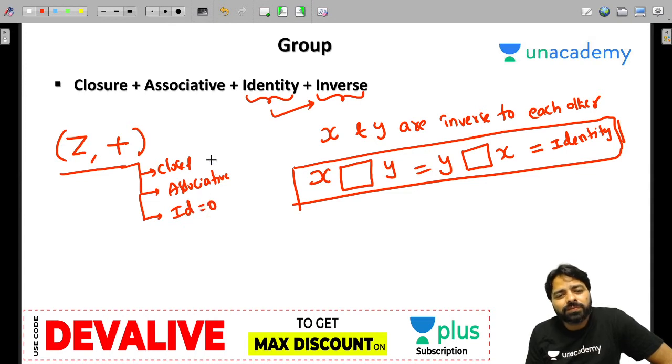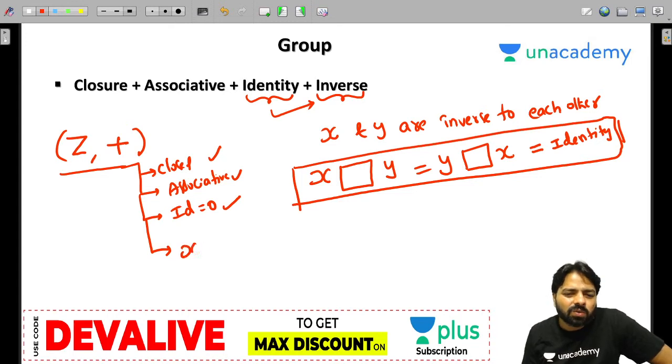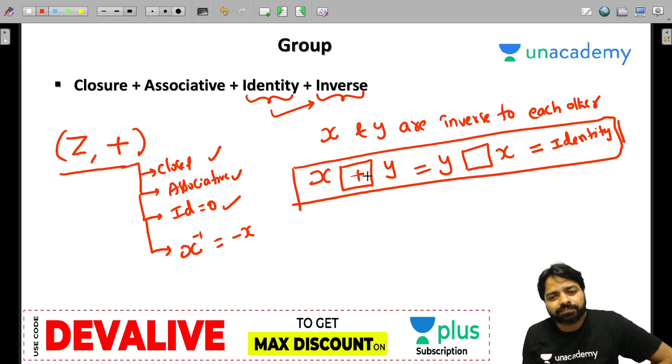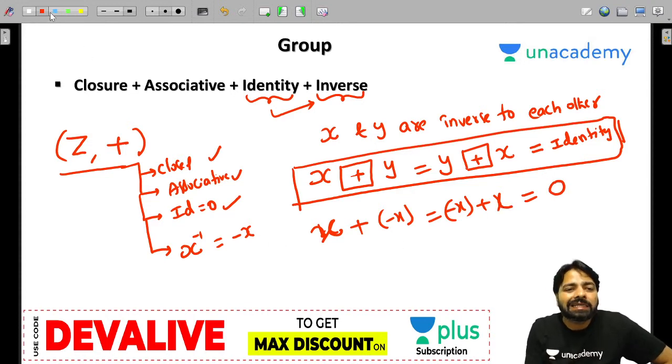We already have 0. Now what is the inverse element? If you take any x, what is x inverse? You take any x, what is y for that? Minus x is y. Everybody, x inverse is minus x. That means if you are applying plus, that y should be minus x because the result will become 0. x plus minus x and minus x plus x will be 0, because we know 0 is already the identity.